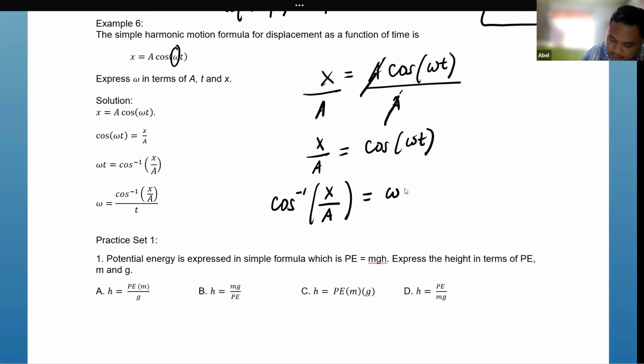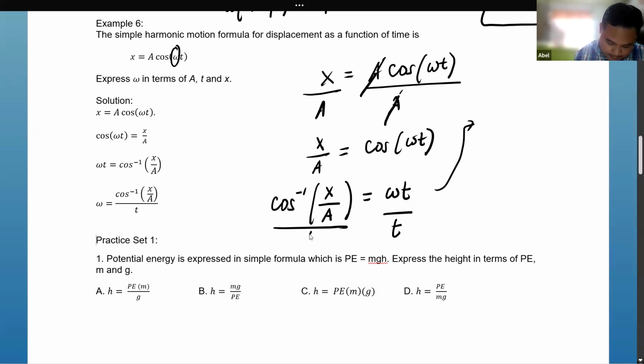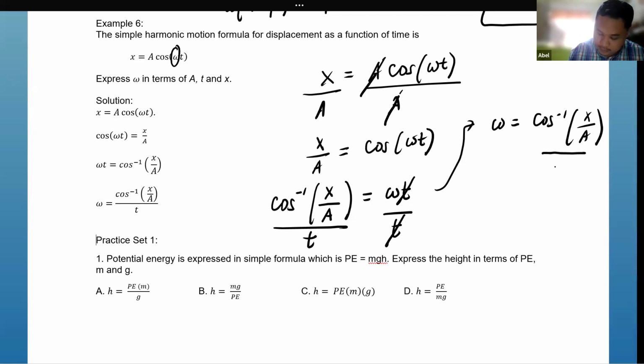Sorry, we're looking for omega, so since we're looking for omega, we need to divide by t. We can cancel out the t. And so we have now omega equals arc cos of x over a, all over t.